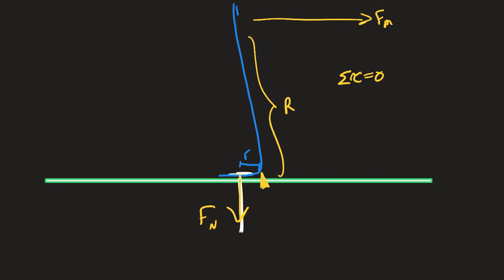However, as you can plainly see, using my right hand rule, the torque from the nail is out and the torque from me is in. It's true. So, F me times R minus F nail times little r has to equal 0.